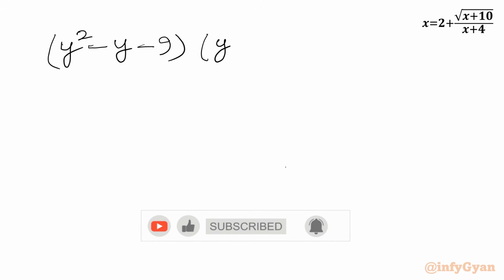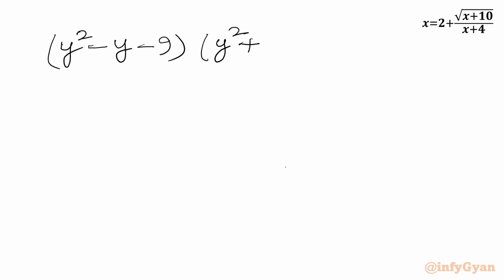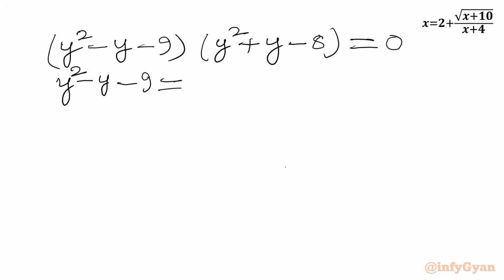Then we'll write y square plus y minus 8 equal to 0. Using product 0 rule, we will get two quadratic equations. Either y square minus y minus 9 will be 0, or y square plus y minus 8 will be 0.